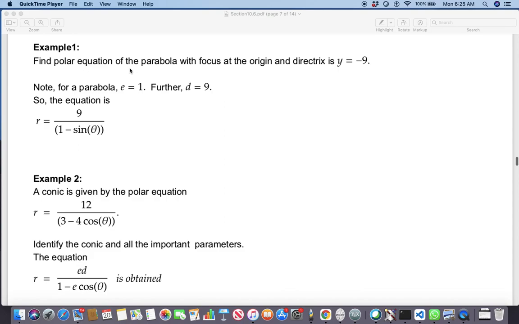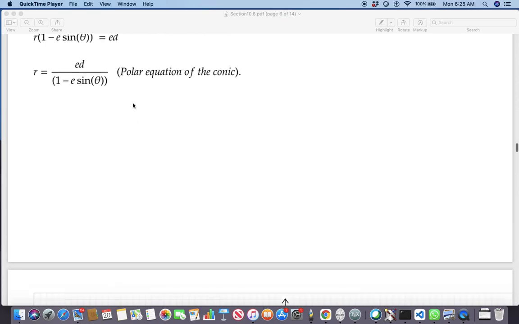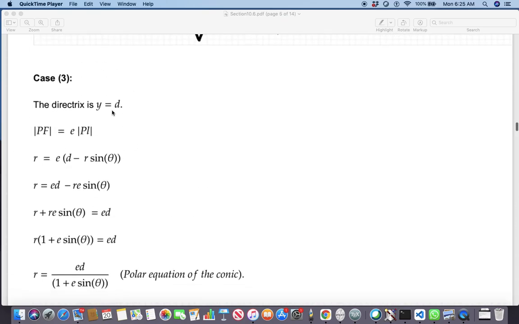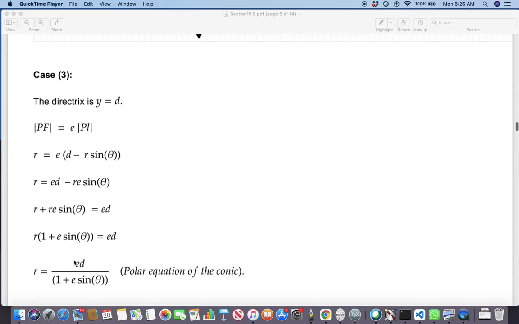First example, find polar equation of the parabola with focus at the origin, directrix y equals negative 9. d is 9, e is 1 because it's a parabola. So you're simply substituting. d is positive, right? e is 1, d is 9.